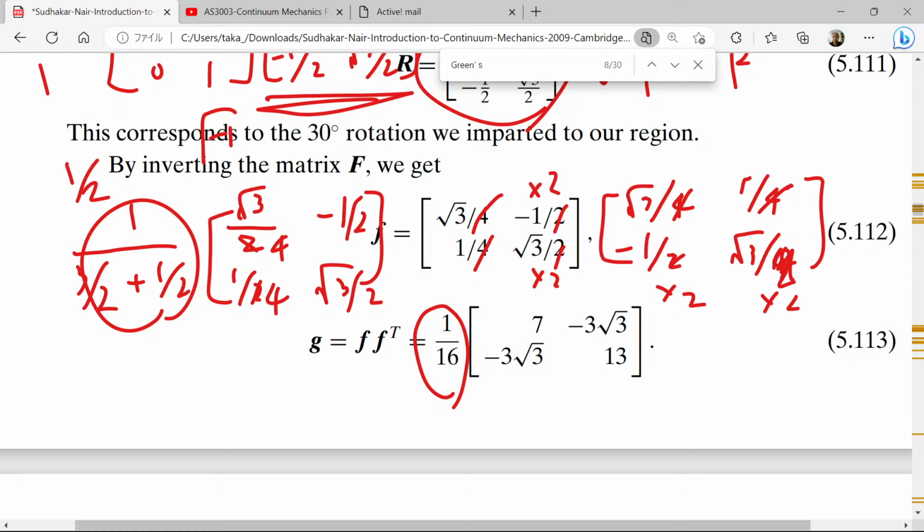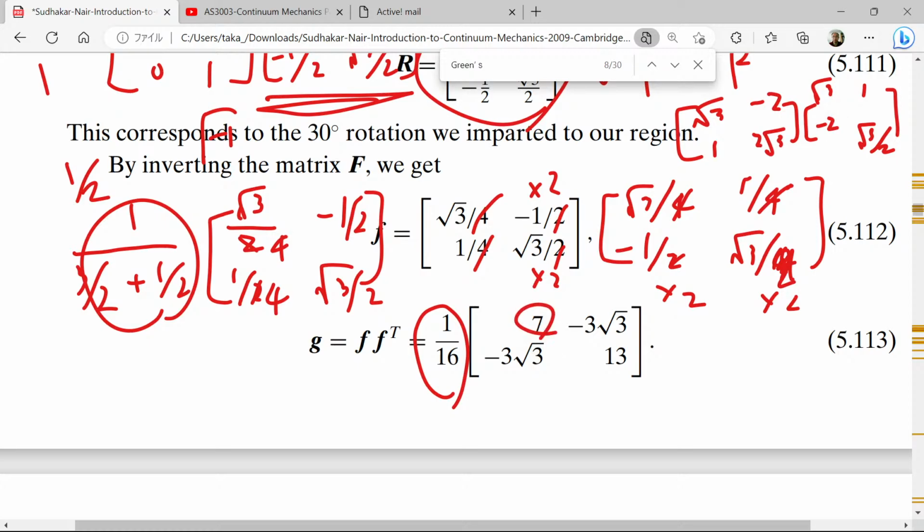7. So you do like this. Square root of 3 minus 2, 1, 2 square root of 3, square root of 3, square root of 3 divided by 2, 1 minus 2.